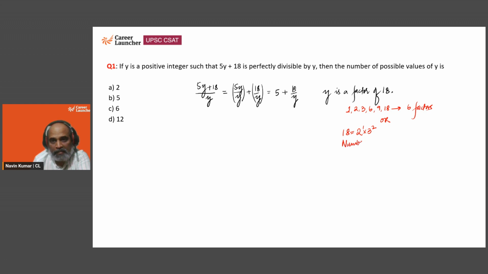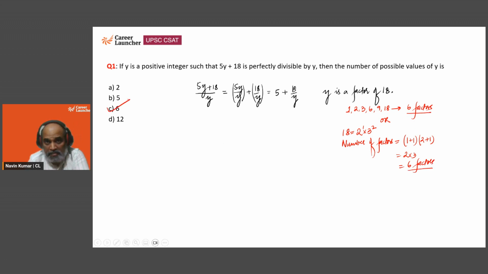Then the number of factors of any number, when its prime factorized form is given, is power plus 1 into power plus 1 into next power plus 1 and so on. So this results in 2 into 3, which is 6. So it will have 6 factors. So the answer is going to be C. There are 6 different values of y that will divide 5y plus 18.